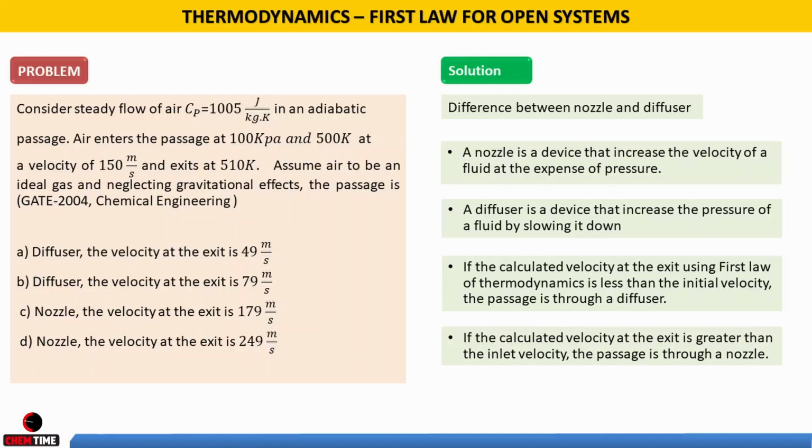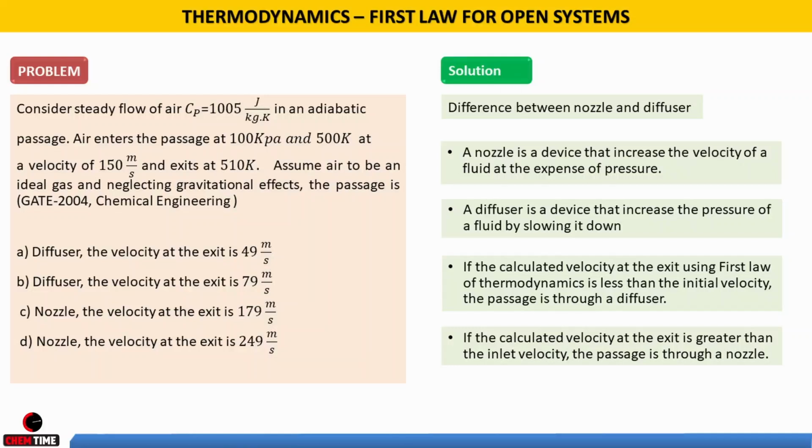And the problem is, consider steady state flow of air of specific heat at constant pressure 1005 joules per kg Kelvin in an adiabatic passage. Air enters the passage at 100 kilopascal and 500 Kelvin with a velocity of 150 meters per second and leaves at 510 Kelvin.